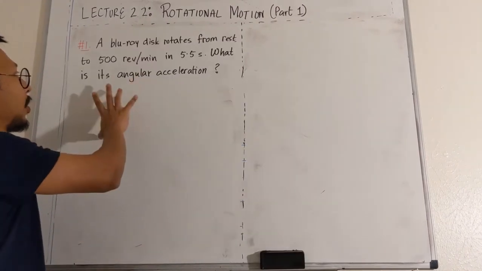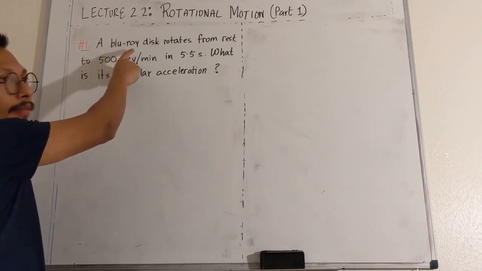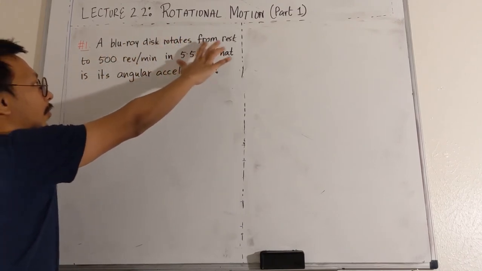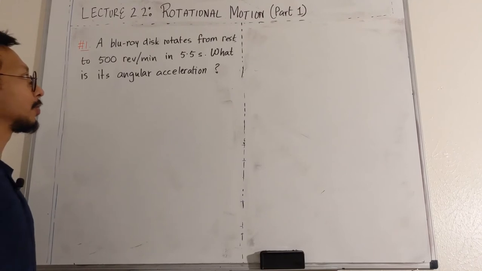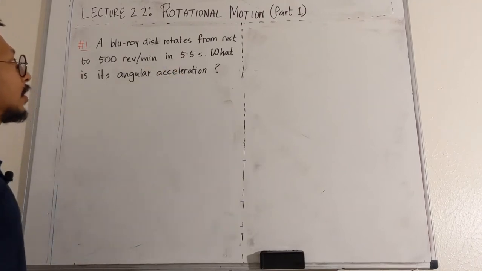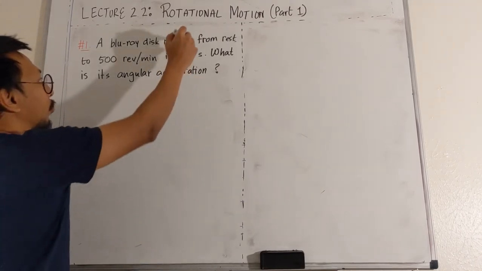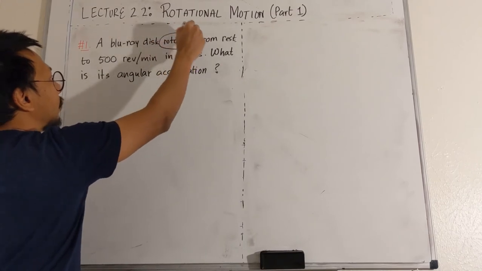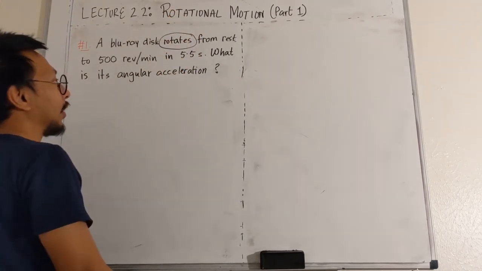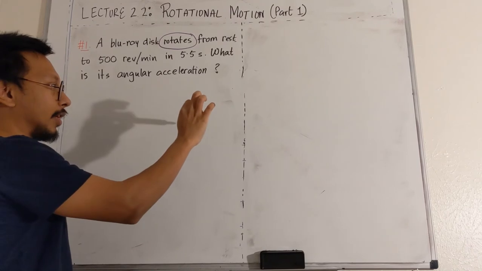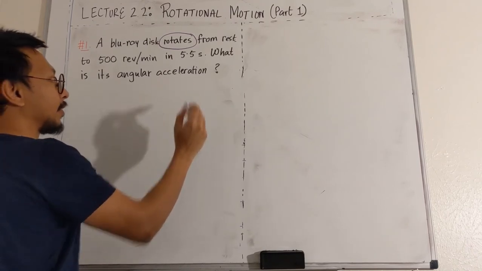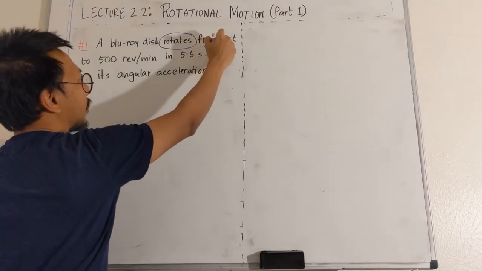Okay, so the first problem examines a Blu-ray which rotates from rest to 500 revolutions per minute in 5.5 seconds. So what do we know so far? We have a rotational motion because something is rotating, and a disk rotates around a fixed axis of rotation from rest.